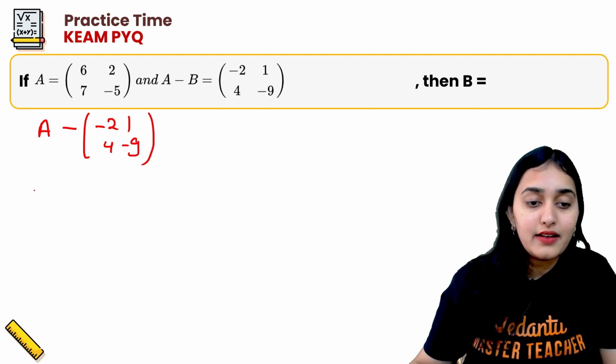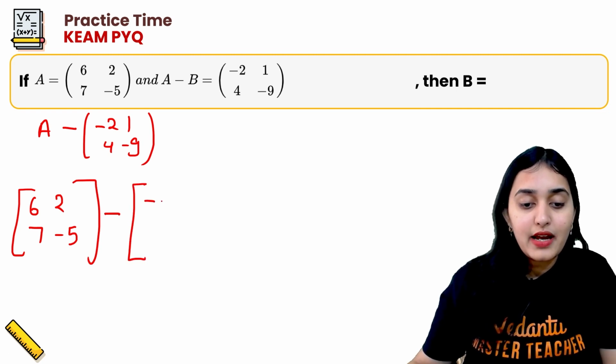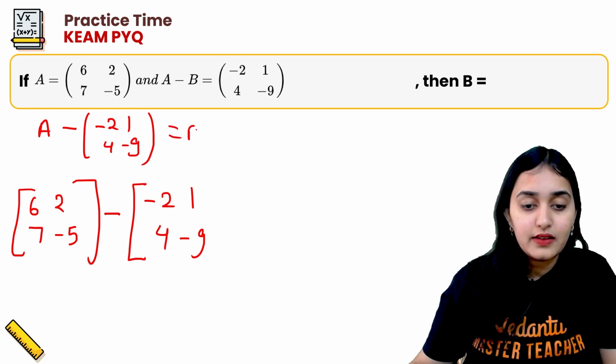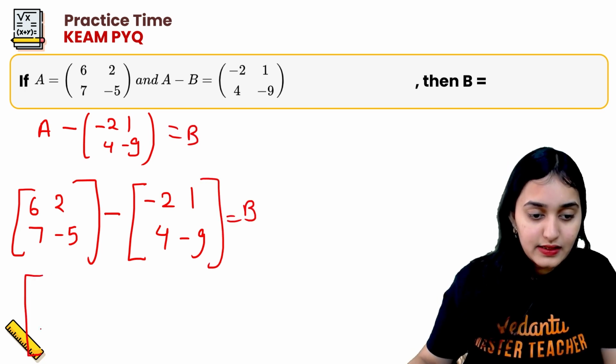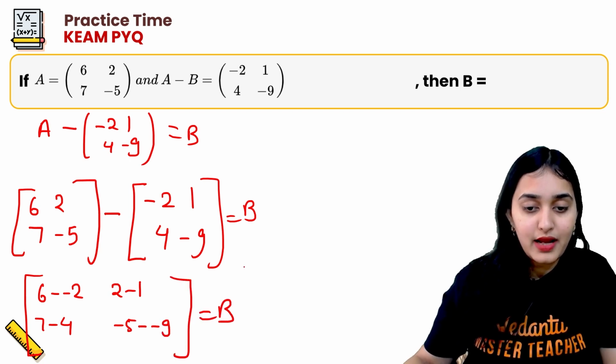What is A matrix? 6, 2, 7, minus 5 minus 2, 1, 4, minus 9 is equal to B matrix. So this is 6 minus minus 2, 2 minus 1, 7 minus 4, minus 5 minus 9 is equal to B matrix.